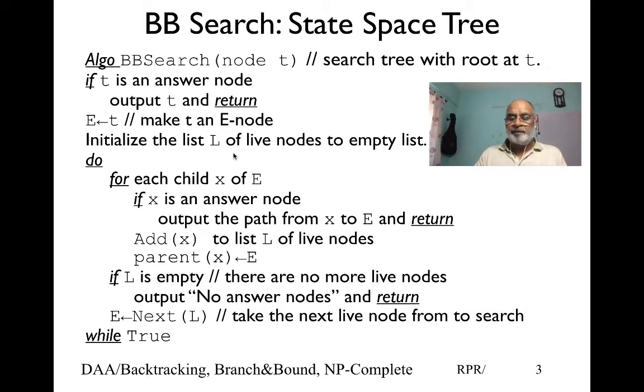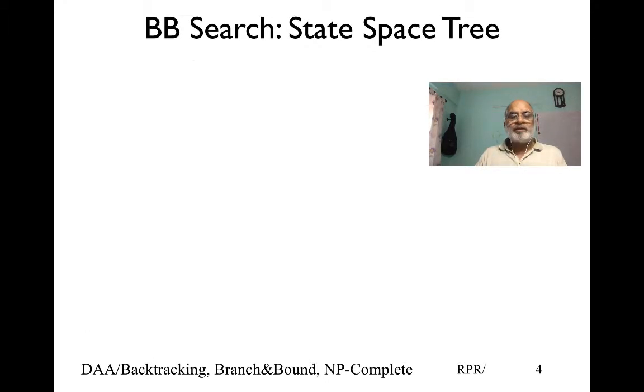The list L, is it a queue, a stack, a heap, or some other data structure, and how do we add the elements and how do we take out the next element. The efficiency of the algorithm depends upon that.